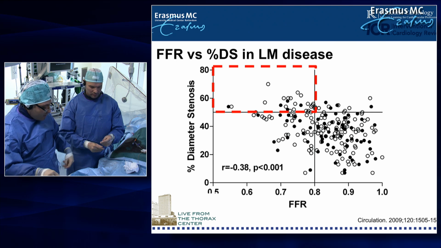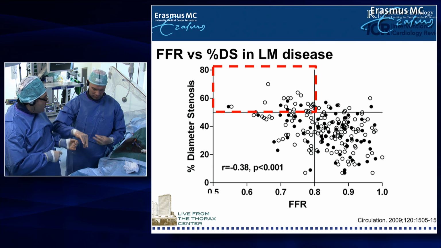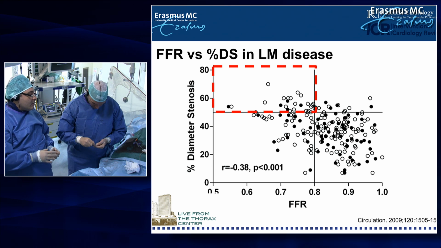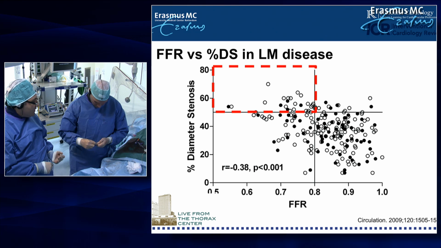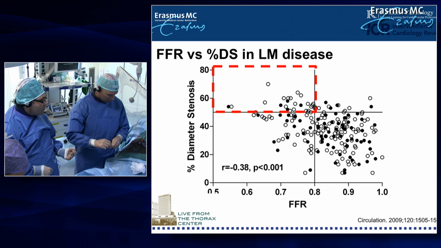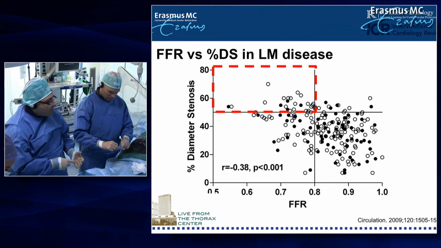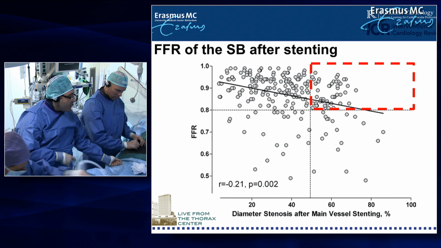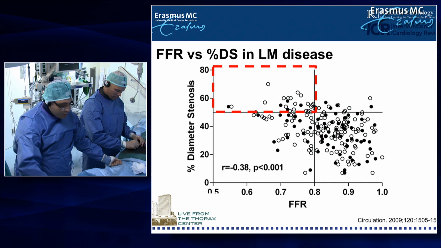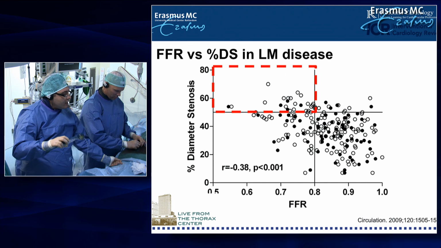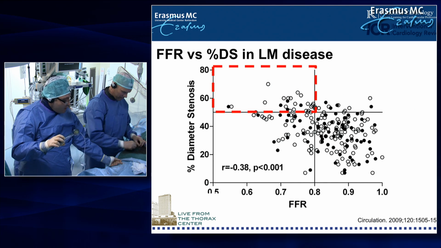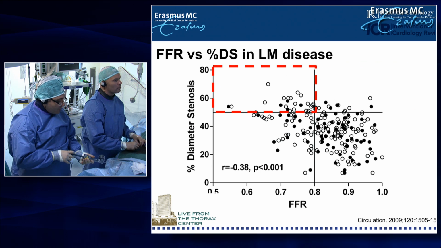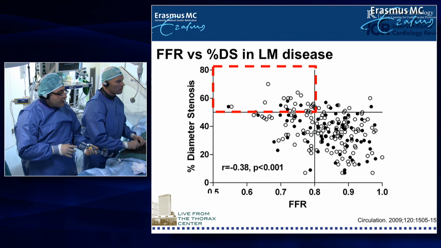So both branches are of absolute clinical significance. In this case, I think that FFR is obviously relevant and can help us in the judgment. By the way, we have a slide where we see that even in the left main we cannot be 100% sure of our angiographic assessment, as we can see here.